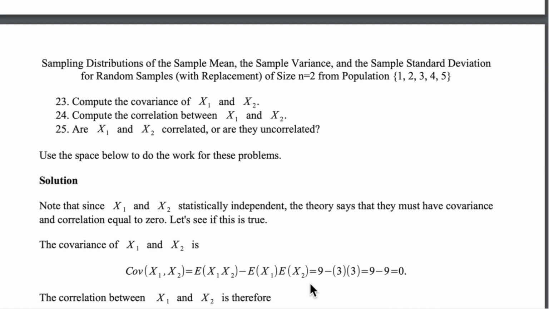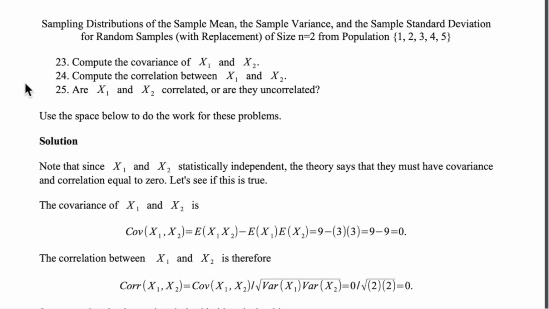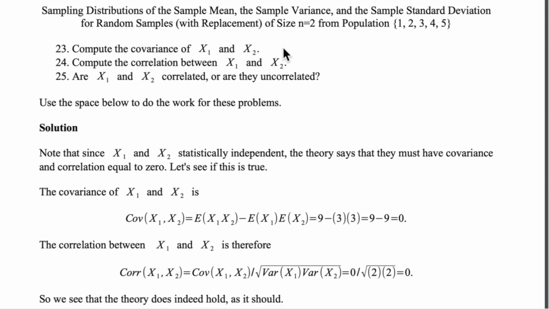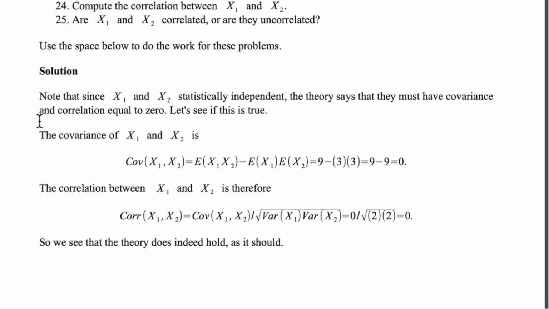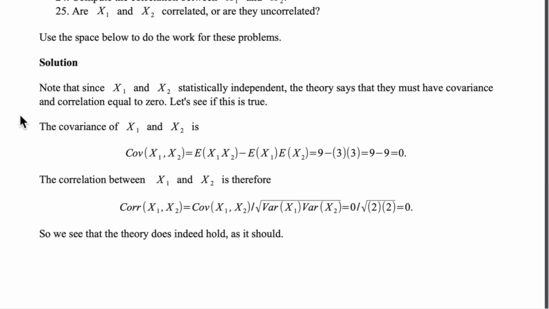Okay, and then finally, the last three questions: compute the covariance of x1 and x2, compute the correlation between x1 and x2, and then are x1 and x2 correlated or are they uncorrelated? All right, so let's do the calculation. But first, before doing the calculation, let me just point something out and we'll see if the result holds.